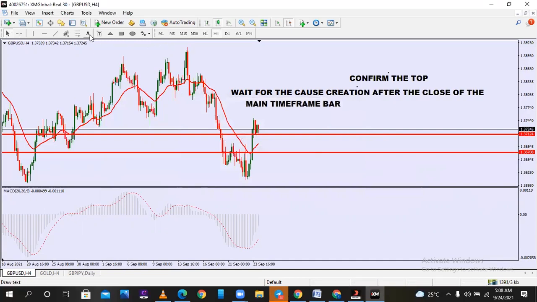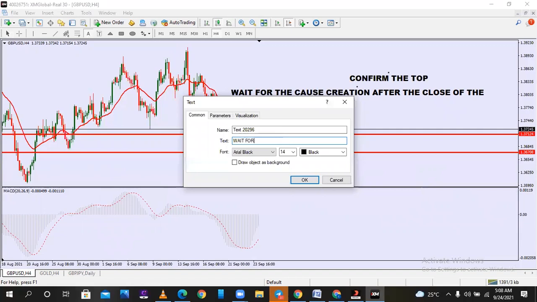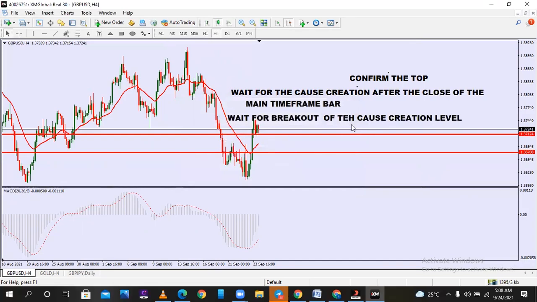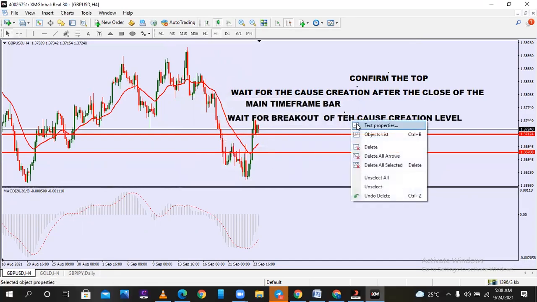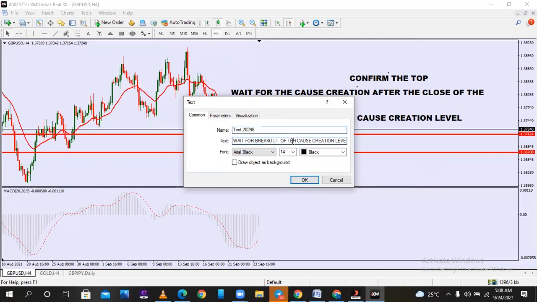Then after that, the third thing you want to do is wait for the break of the course correction level. When I mean a break, I mean a breakout. Now the breakout can be up, the breakout can be down, depending on the particular direction of the market you are looking to trade.